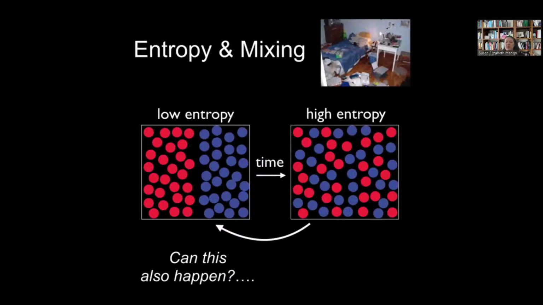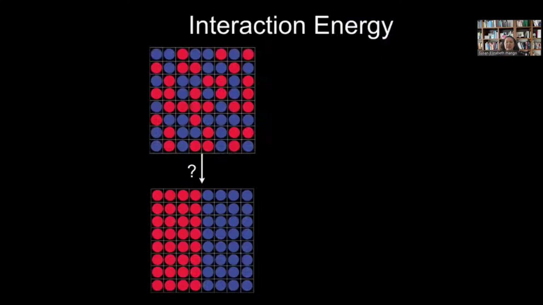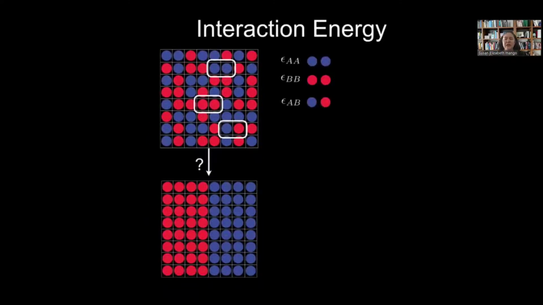So we can think about this a little bit like this. We're going to imagine a lattice, and we're going to think about interactions between the different molecules. We can think about the energy of, let's say, two blue molecules interacting, or two red molecules interacting, and compare it to a red and a blue molecule interacting.